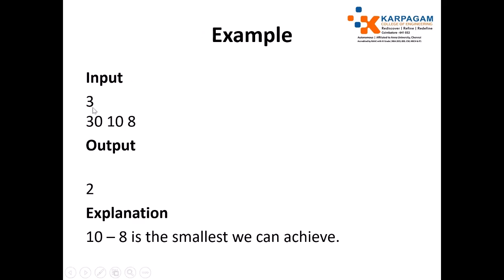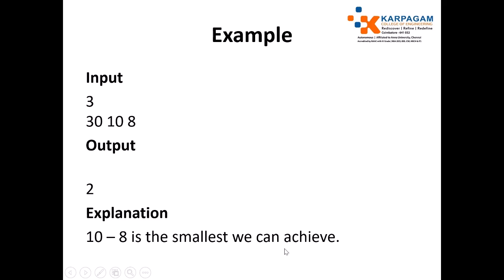Consider an example. Here the user inputs 3 as the size of the array, and we have particle sizes 30, 10, 8. Here we can achieve the smallest particle size of 2 when I subtract 10 and 8.